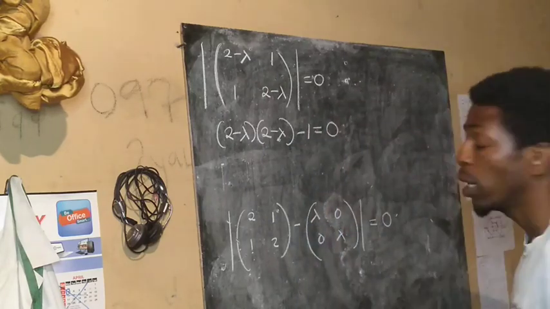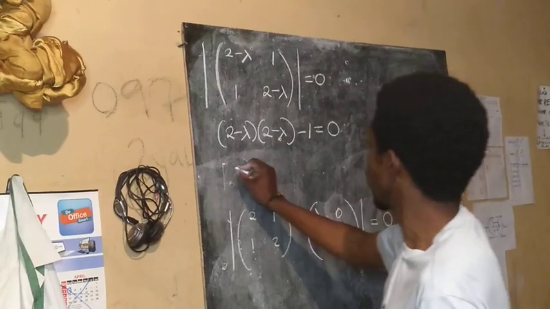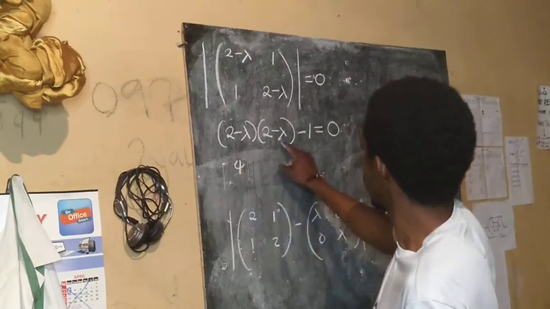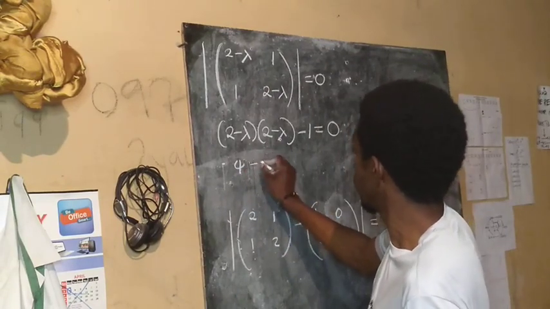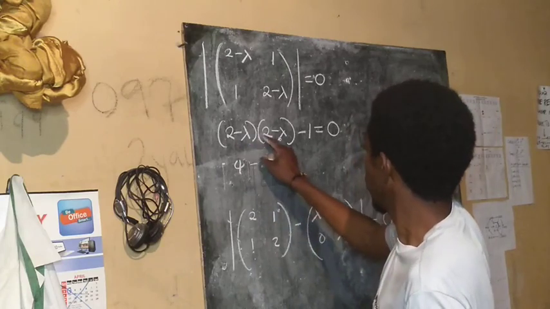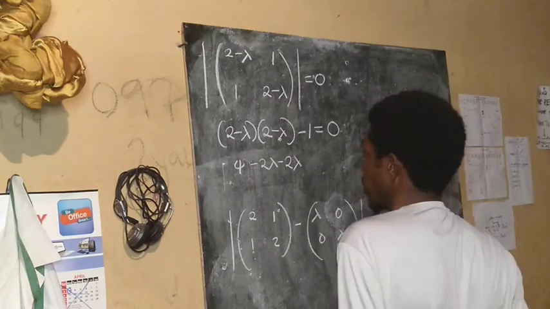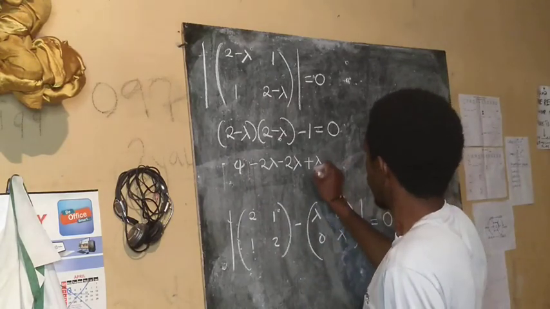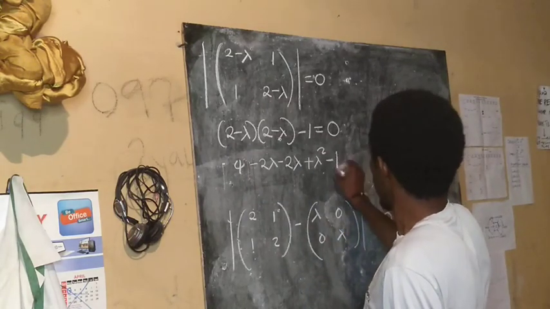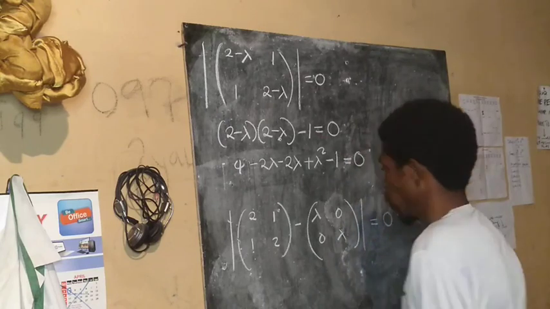Then 2 times 2 gives 4, 2 times negative lambda gives negative 2 lambda, negative 2 lambda again, and negative lambda times negative lambda gives positive lambda squared, minus 1 equals 0.